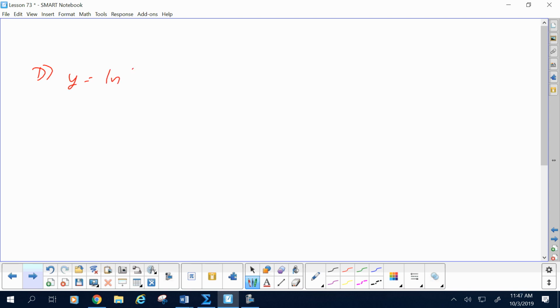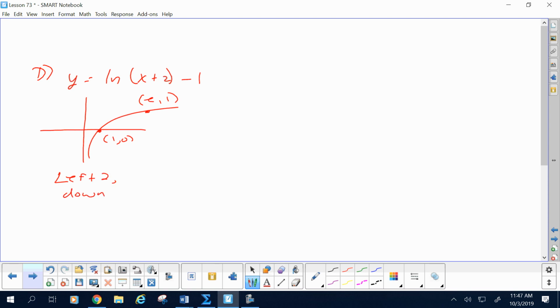Oh, actually, that's for x. You have to use this equation. Shift it left. This is right. You want to go the other way. Oh.